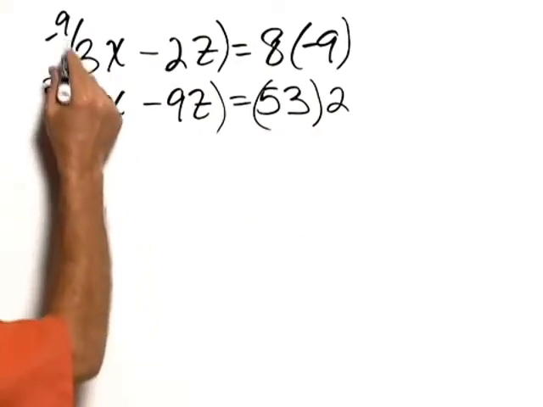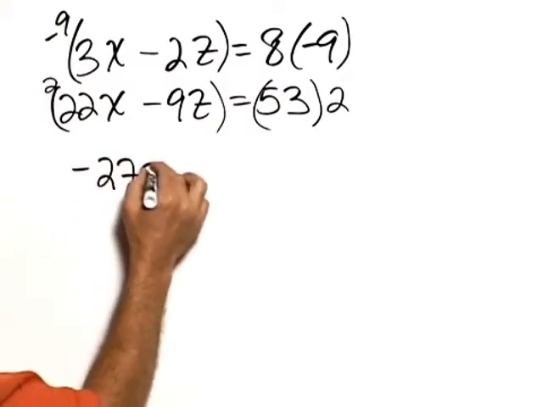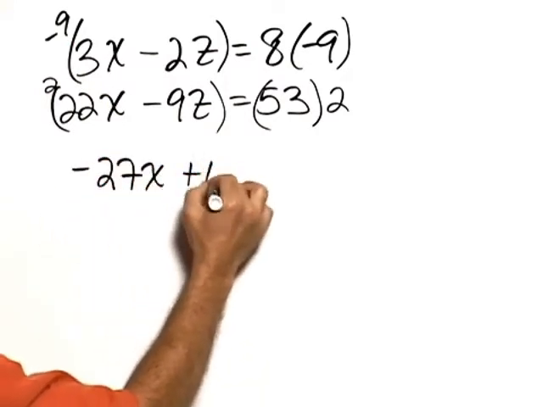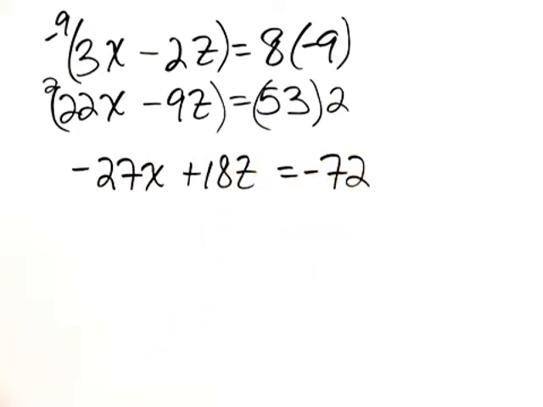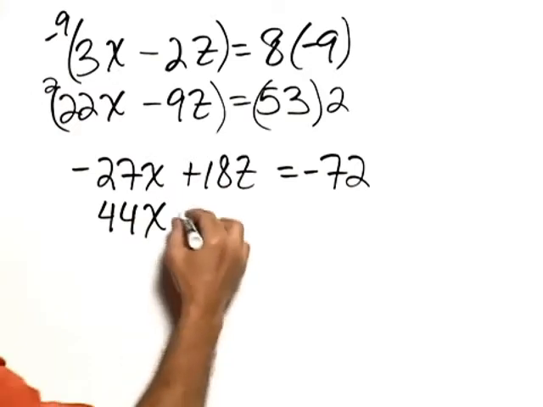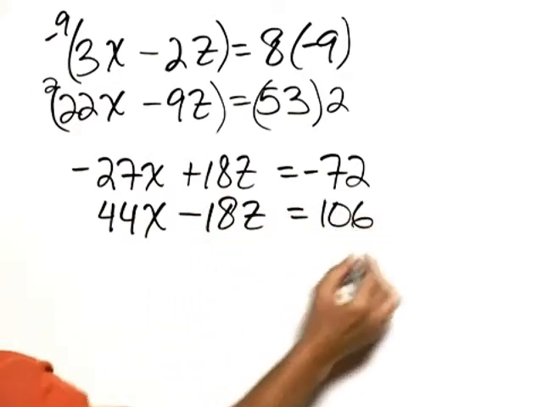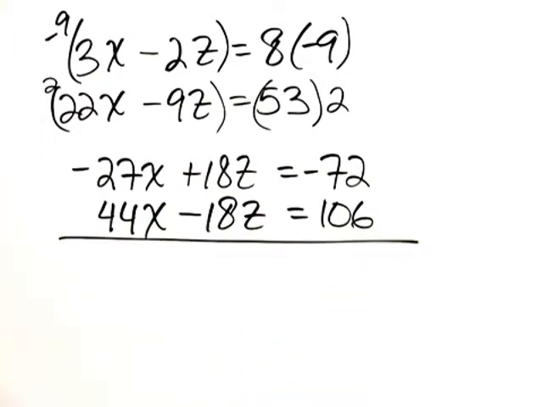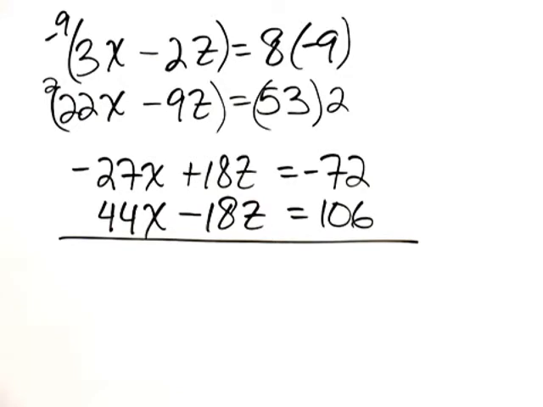The result of multiplying the first equation by negative 9 is negative 27x plus 18z equals negative 72. The result of multiplying the second equation by 2 is 44x minus 18z equals 106. Notice that the z's have opposite coefficients, so they will be eliminated.